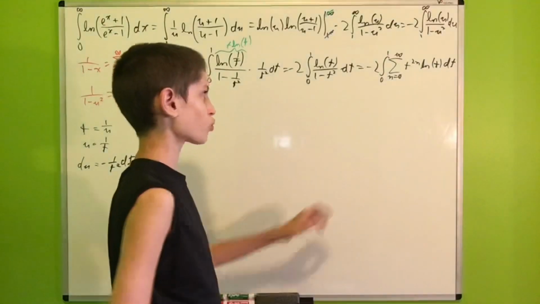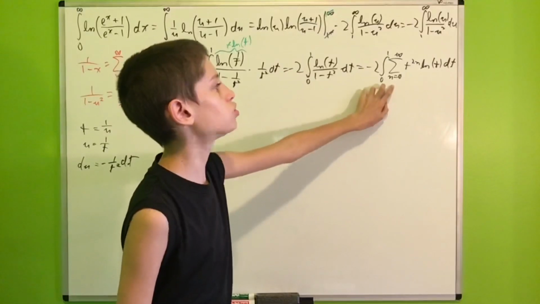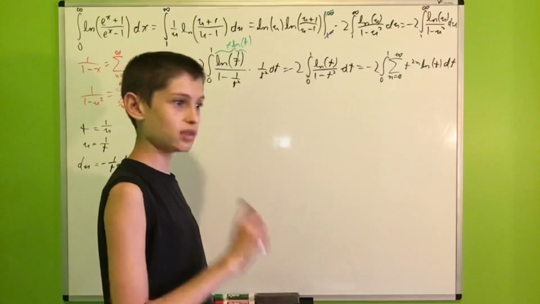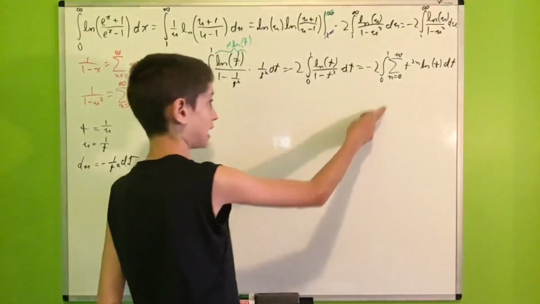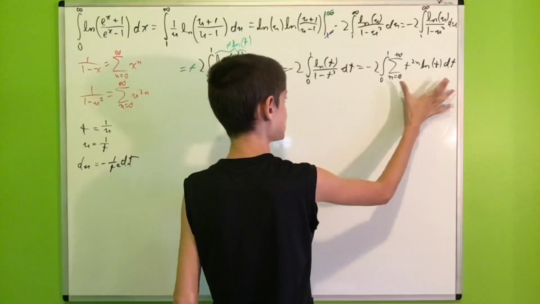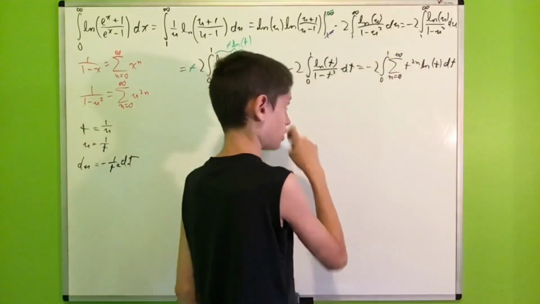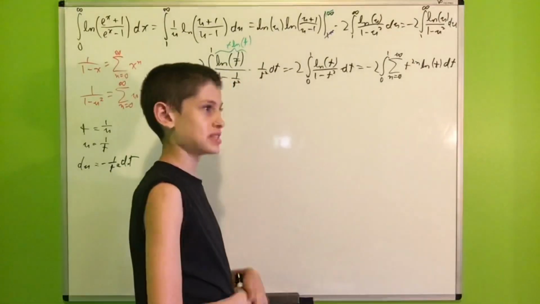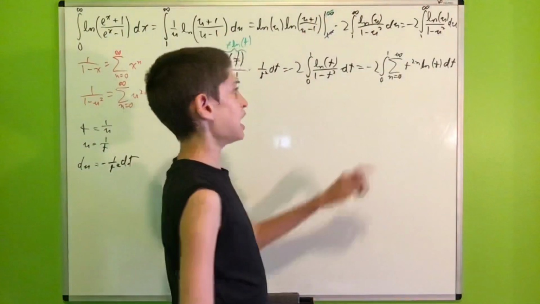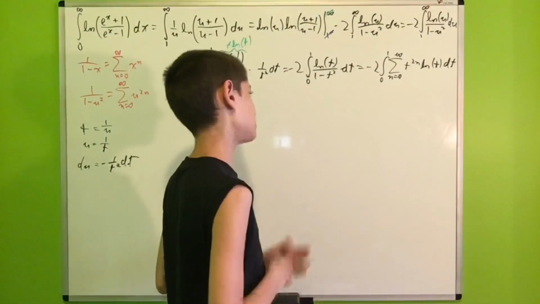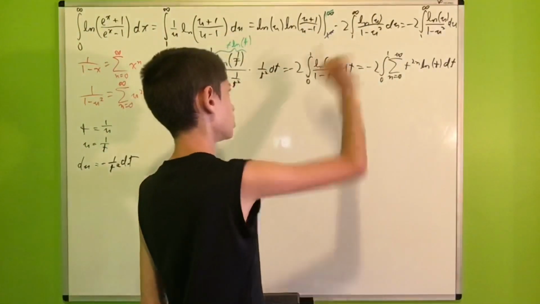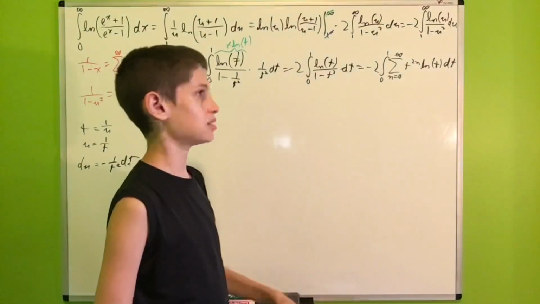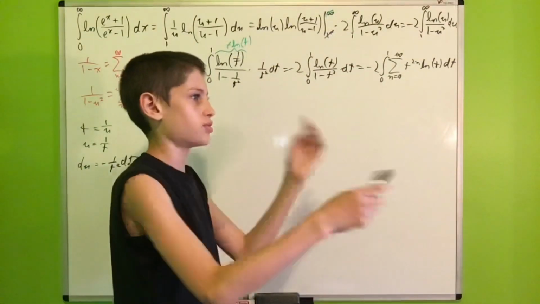And now, what we want to do is interchange the infinite series and the integral. And we can do so if the infinite series absolutely converges over the interval for which we are integrating. And we don't need to worry about the natural log of t since it's a constant with respect to n. And the sum as n goes from 0 to infinity of t to the 2n converges from 0 to 1, but not at 1, but from 0 to 1 it does, and this means we can just use limits, plug the 1 back in.